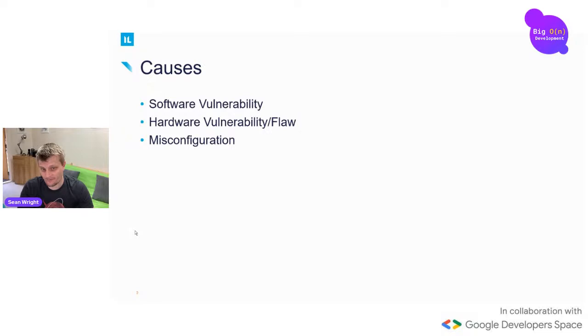Then you also have hardware flaws and vulnerabilities, which are issues within the physical device itself. A good example is Spectre and Meltdown, which were vulnerabilities with the Intel processors, the actual physical hardware device itself. And then you've got misconfiguration. This is where it's nothing with the software, but someone hasn't enabled something or set some wrong configuration, and it's resulted in a security weakness.